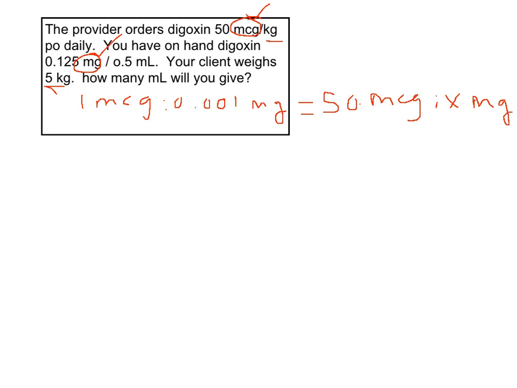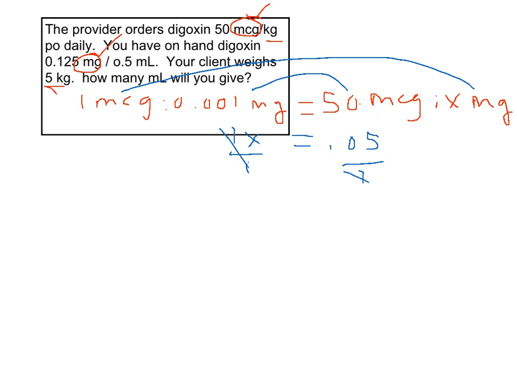Using our mathematical computation, you're going to multiply outer, and you end up with 1x equals, and then multiply inner, and what you end up with is 0.05. Divide by 1. X equals 0.05 milligrams.